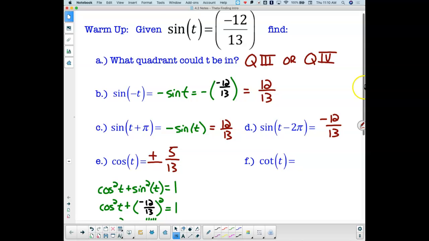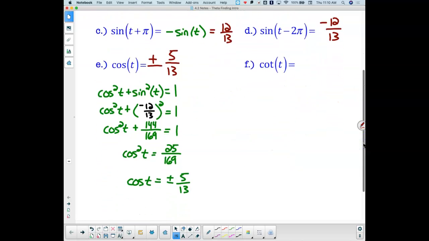Cotangent. Cotangent is cosine over sine. So that is going to be plus or minus 5/13 over negative 12/13.